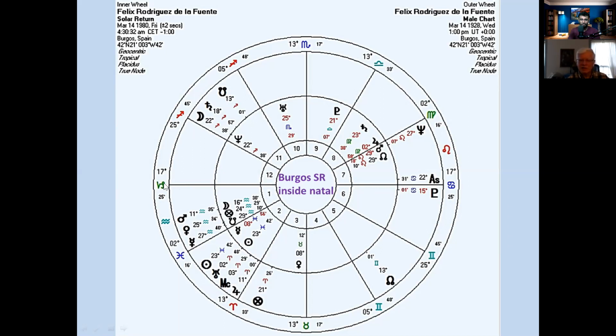So that looks quite difficult. He has the moon of his birth, which is his birth ascendant ruler, right on Neptune. So that's potentially difficult.